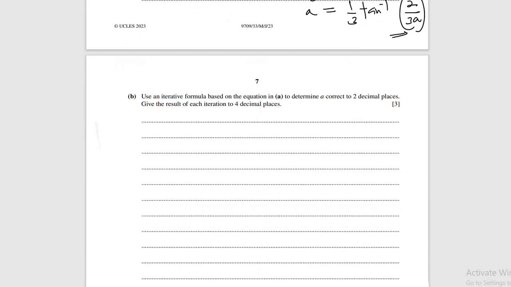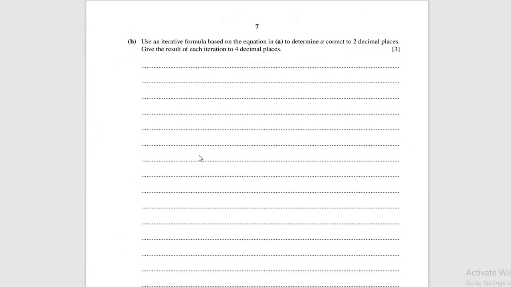The next question, B. Use an iterative formula based on the equation we just derived to determine a correct to 2 decimal places. Give the result of each iteration to 4 decimal places. Now, the model for the iteration is 1 over 3 arctan of 2 over 3a.